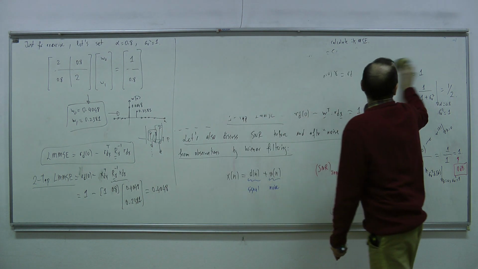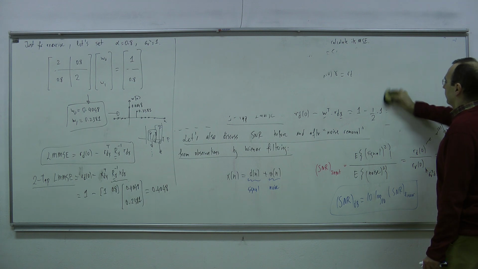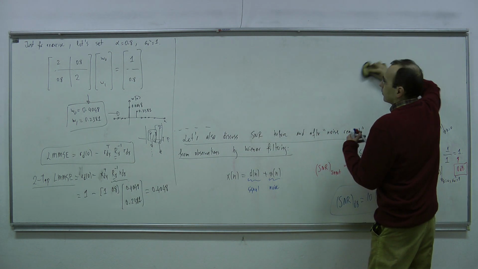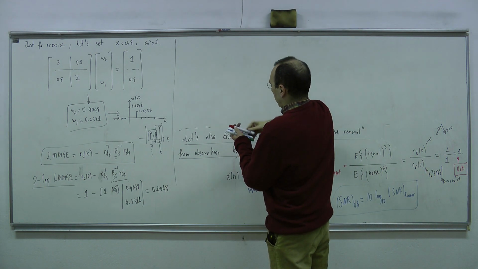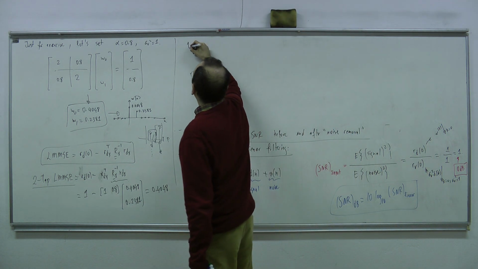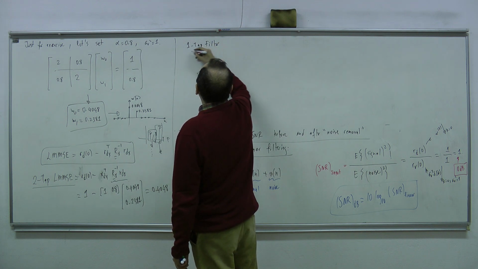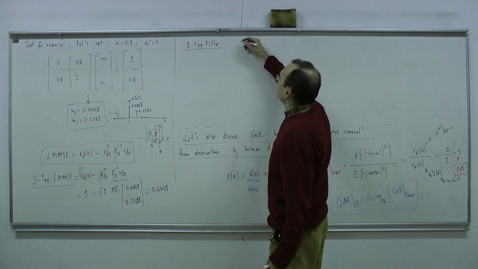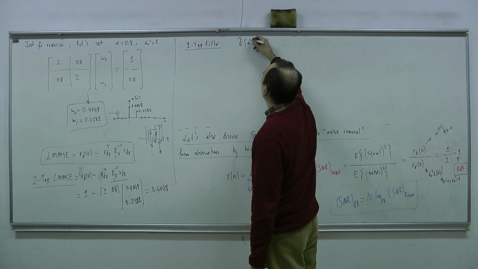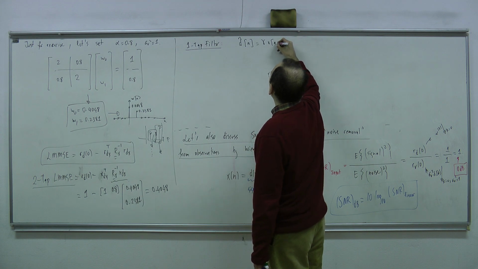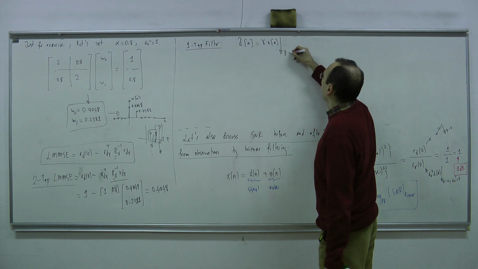Let me then do a one-tap filter study. So what was our one-tap filter? d hat of n is equal to, I think, gamma x of n, and gamma was 1/2.